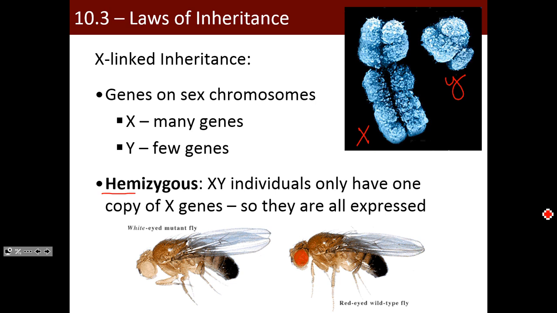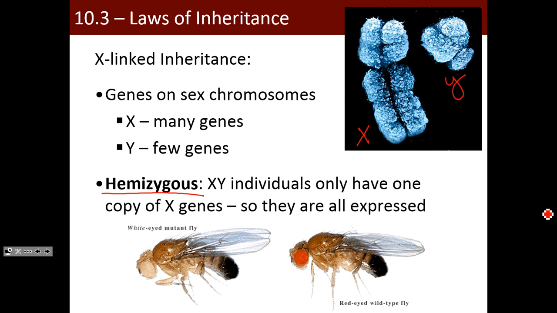So we had homozygous, we had heterozygous. Homozygous means you have 2 copies of the same allele. Heterozygous means you have 2 different alleles. Hemizygous means you only have 1 allele, and you can only ever have 1, right? So an XY individual will only ever have 1 copy of the X gene.